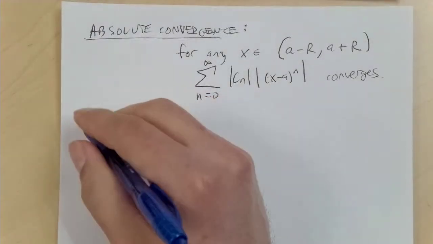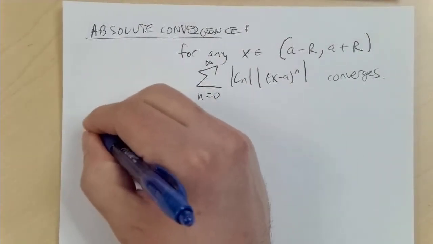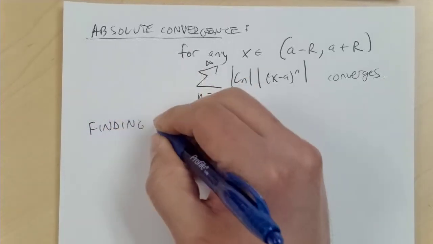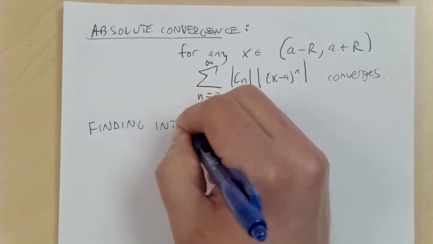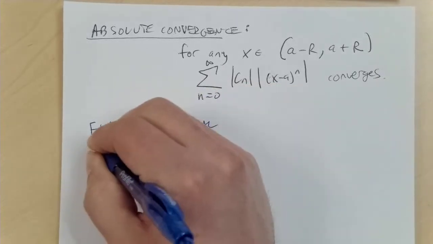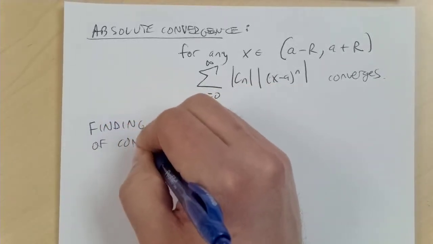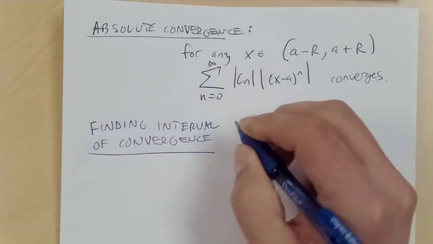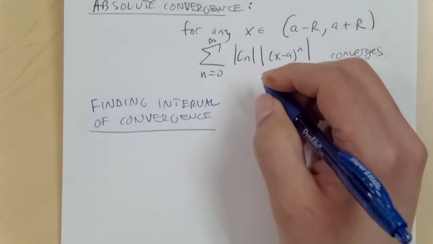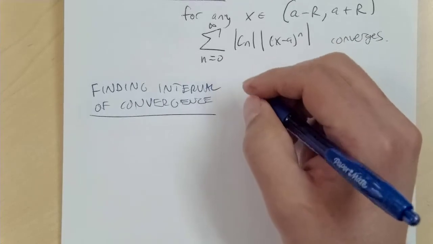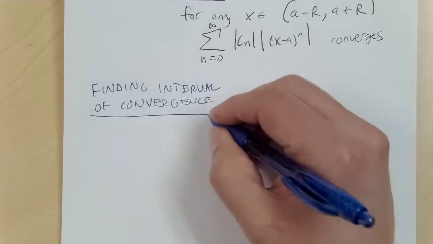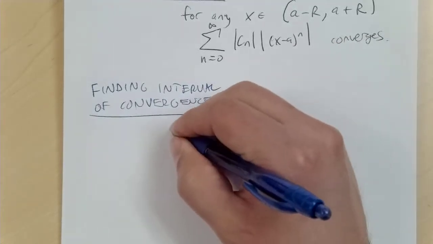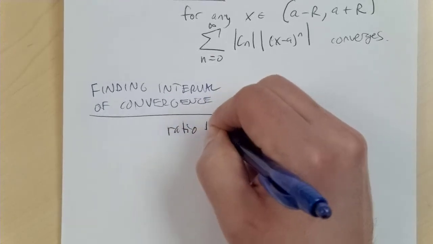Now, finding the interval of convergence. Oftentimes what we're going to do is just the ratio test. We're going to keep things simple. Okay, so let's review that.